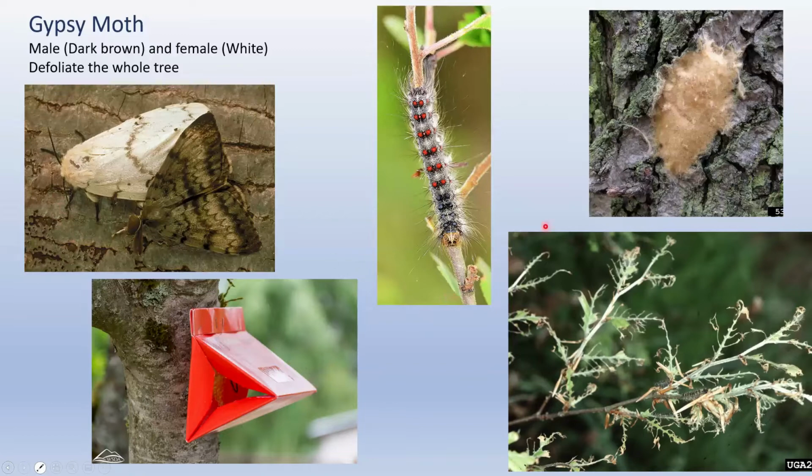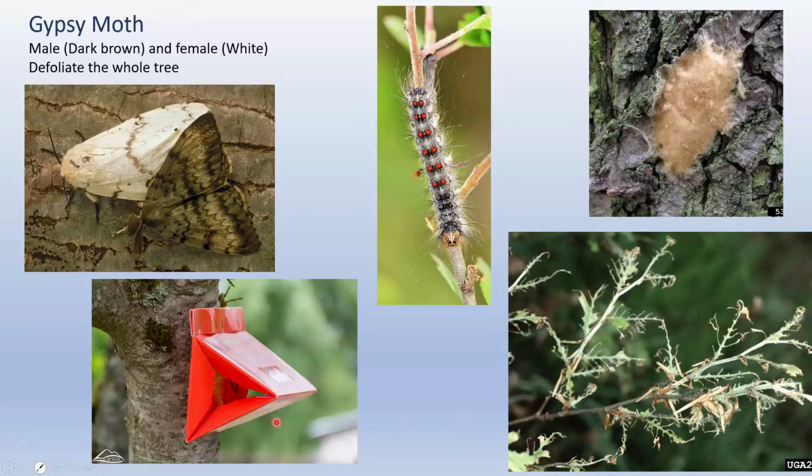And the caterpillar is identified with the blue dots up in the front followed by a bunch of red dots. They do not produce webs like the tent caterpillars. They produce these little cottony cocoons, and they are voracious eaters, and they will defoliate and kill forests. They defoliate so much. So this huge trapping effort has been successful.